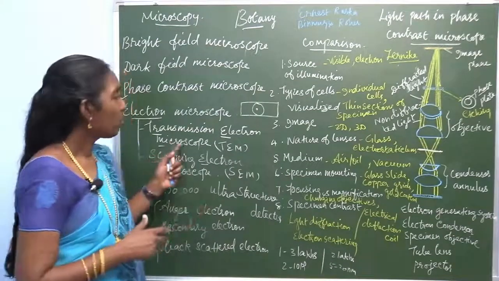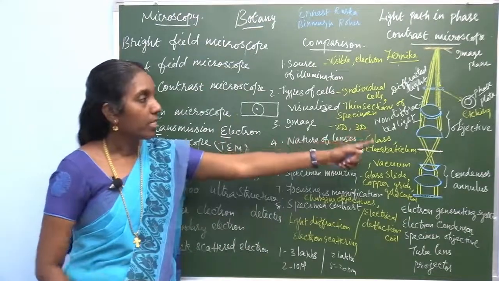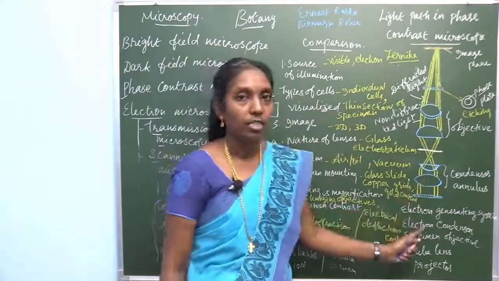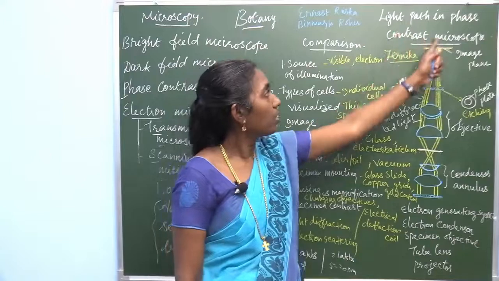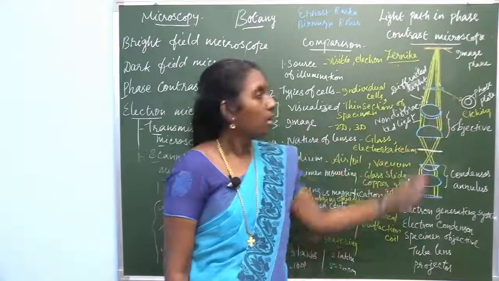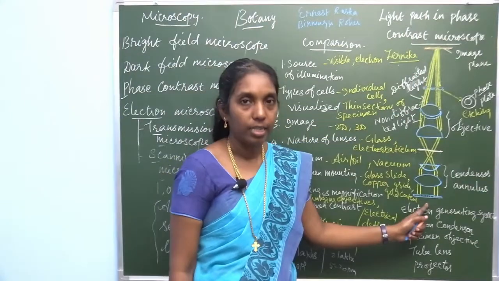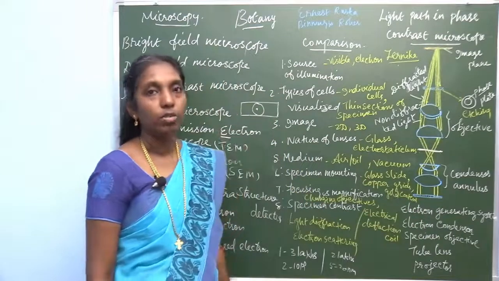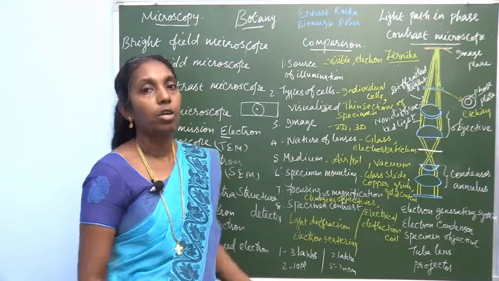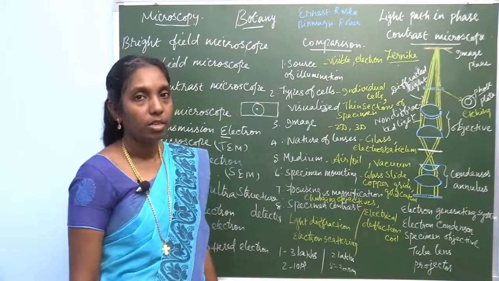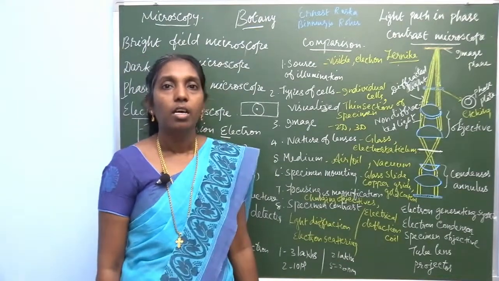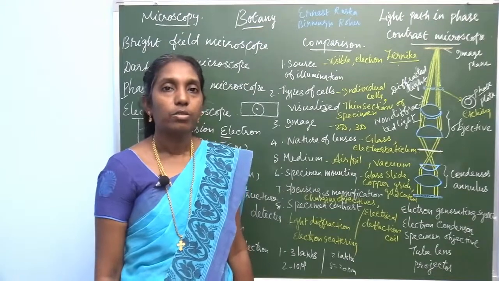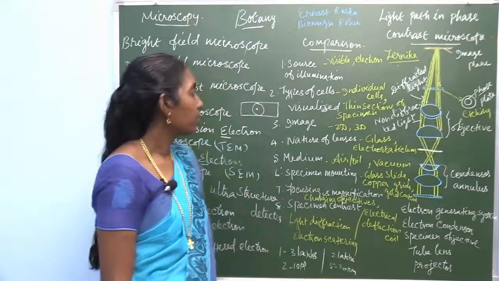For the phase contrast microscope, the diagram is given in the book, a very neat diagram that shows the light path in the phase contrast microscope. Draw this diagram in the class note and learn this question. Then the electron microscope, with its 2 types, transmission electron microscope as well as scanning electron microscope.